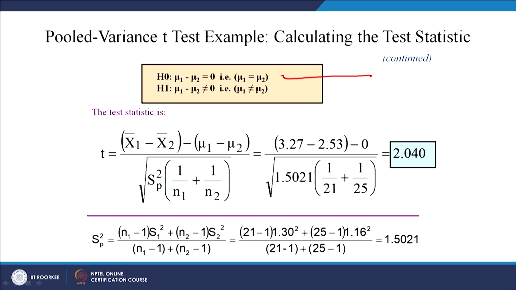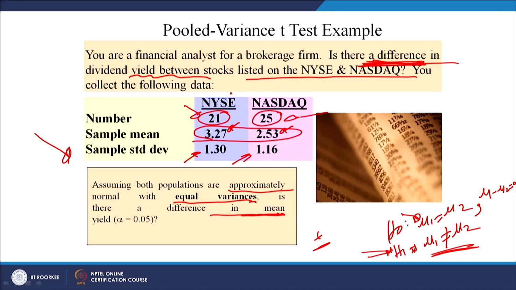This is how you should write null and alternative hypothesis. Mu 1 and mu 2 are same, alternative hypothesis they are not same. So, t is 2.04. This is the mean of the first 21 samples, 3.27, and x2 bar is 2.53.